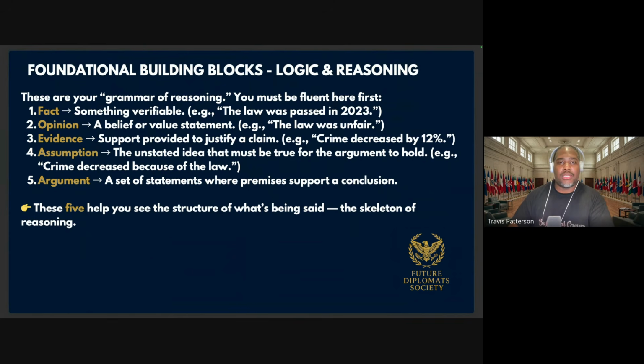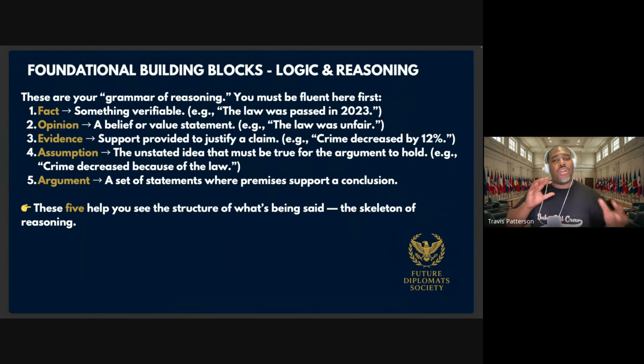An assumption is the unstated idea that must be true for the argument to make sense. In this case, the assumption would be that crime decreased because of the law. That connection isn't proven, but the argument depends on it. And finally, the argument itself is the complete set of statements where premises support the conclusion.